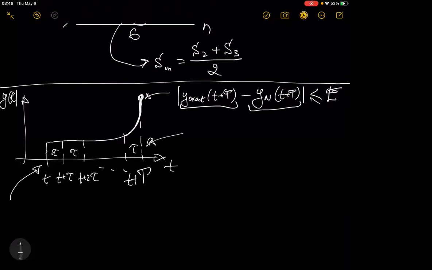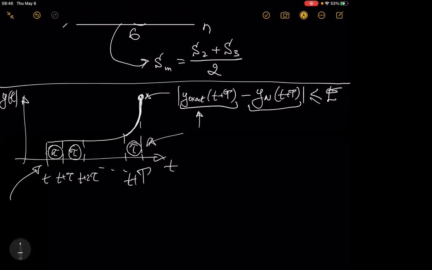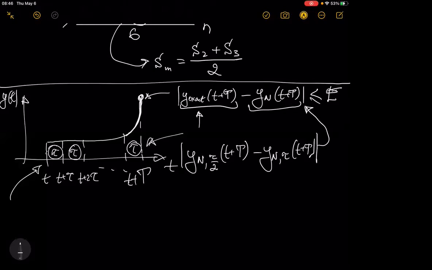So what you can do is decrease your time step and consider the solution obtained with the smaller time step as an approximation of the exact one, and see the difference. For example, you can get y numerical with tau divided by 2 for the point t, and consider y numerical obtained with tau, and use these as an approximation of the error, right?